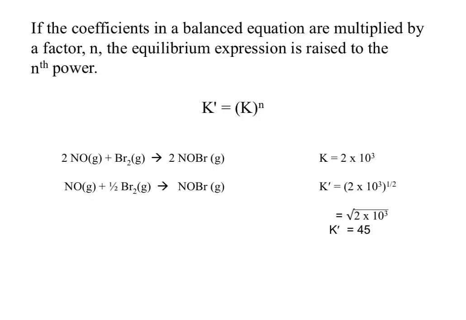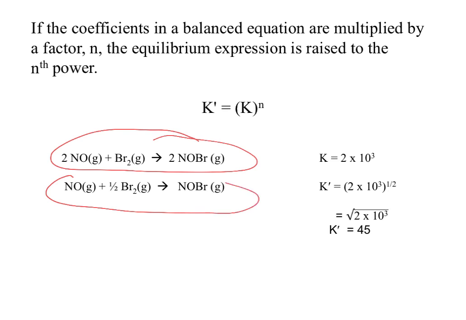All right, so other ways you can manipulate K. Let's say that we had that same reaction, and for whatever reason you want to present it in a different balanced format. What did we do to get from the top chemical equation to the bottom? We divided by 2, right?